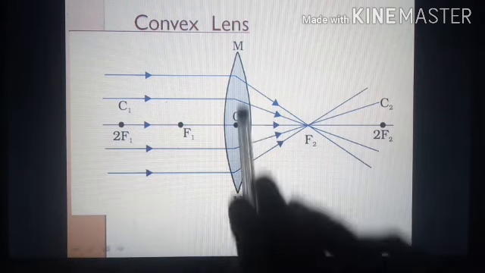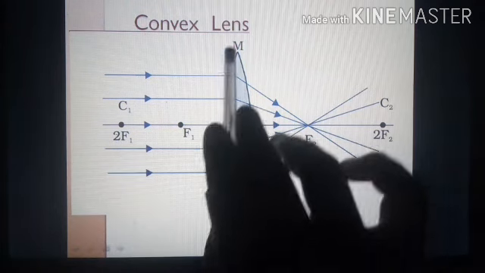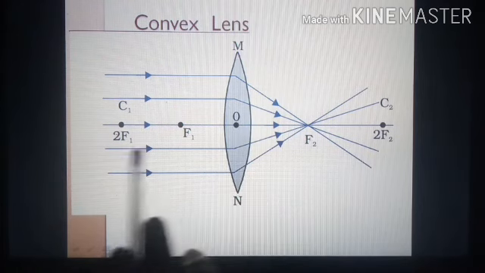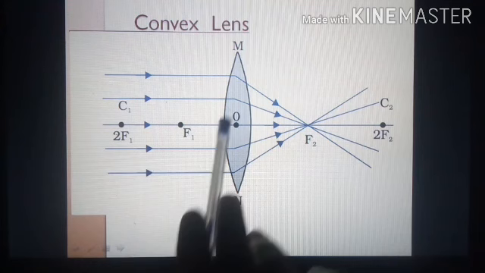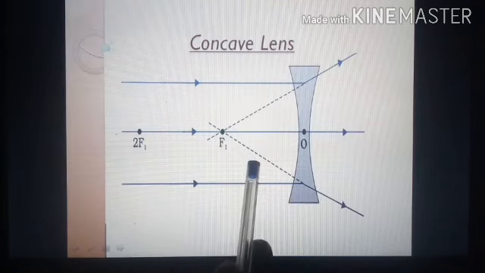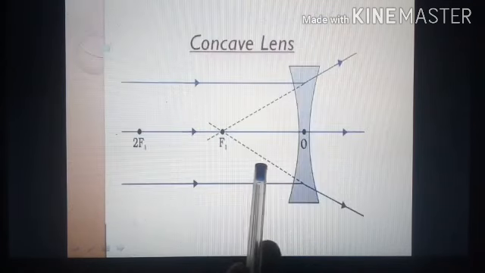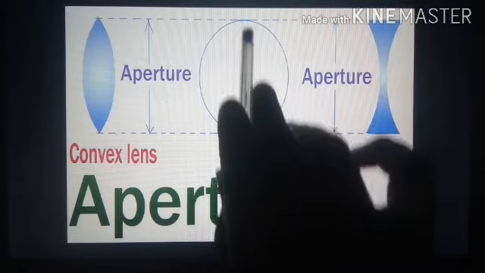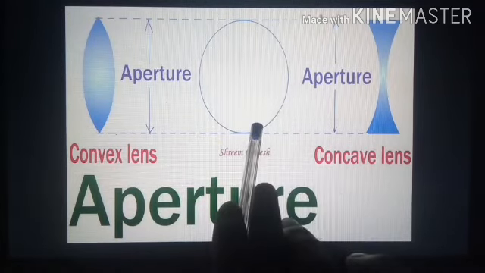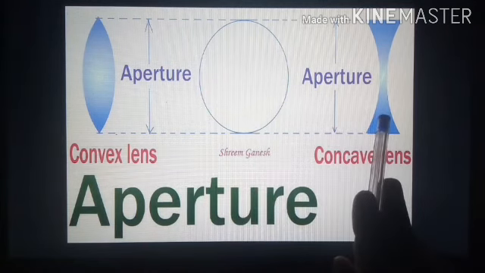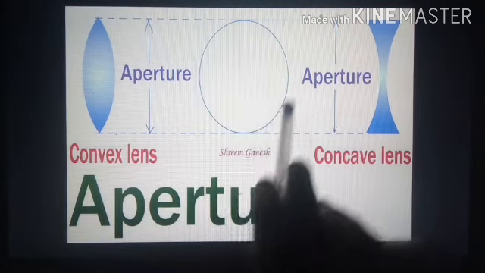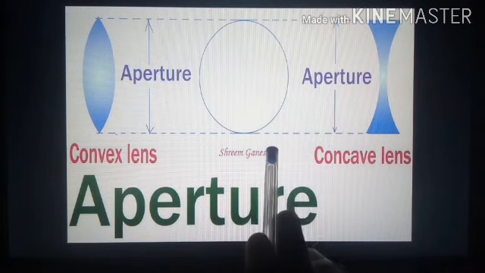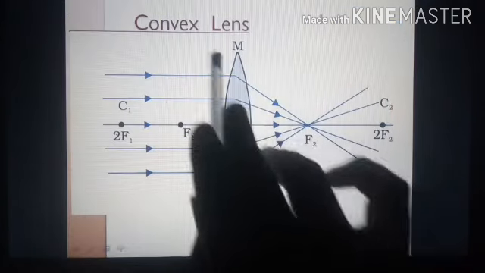Here MN is the diameter of the lens, simply the aperture of the lens. If we look at the lens from the side, it looks like a circular outline. The diameter of this circular outline, here MN, is called the aperture of the lens.